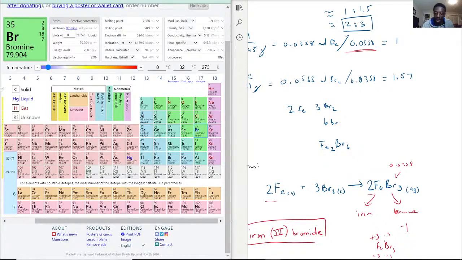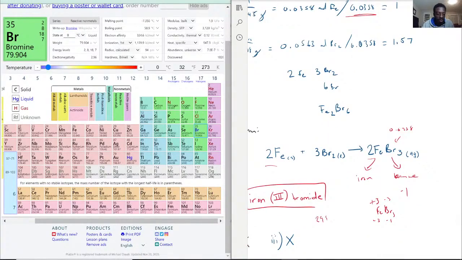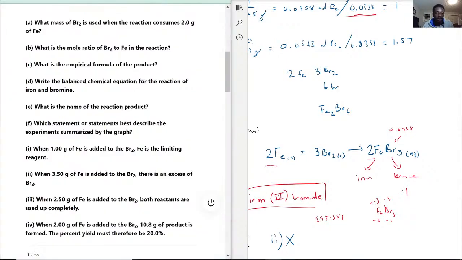That's a big molar mass of 295.557. Now we multiply that by 0.0358 to see how much we would get. Theoretically, we get 10.58.